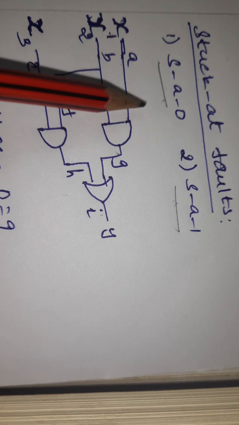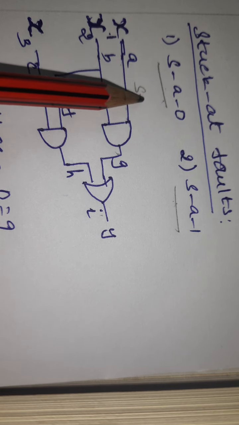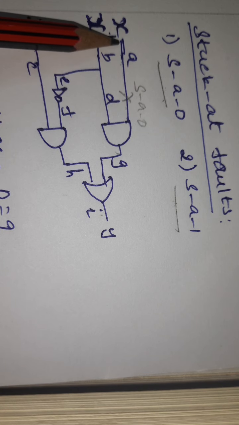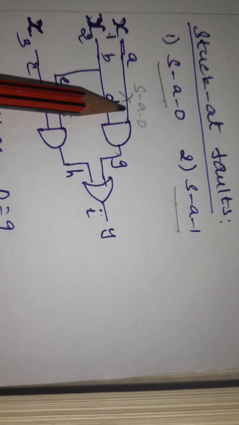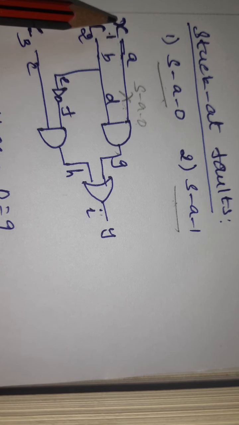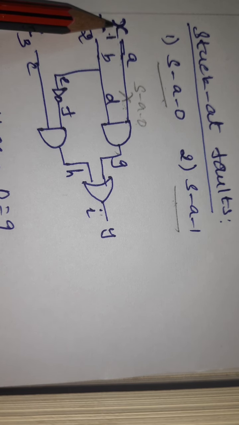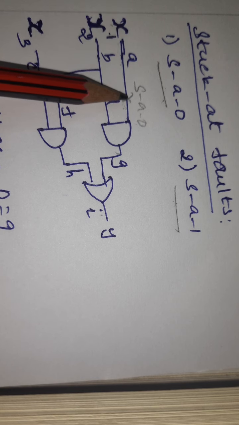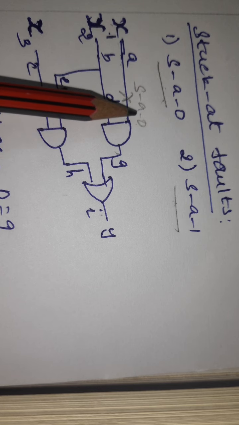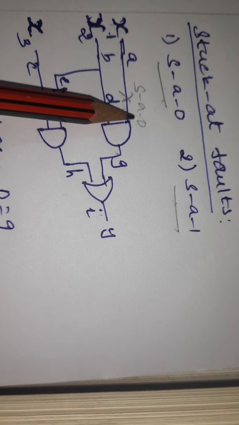That means it is affected by stuck at 0. Affected by stuck at 0 means this input line is always considered 0. If you apply the value 1 at x1, at that time also it is considered only 0, because this line is affected by a stuck-at-0 fault.